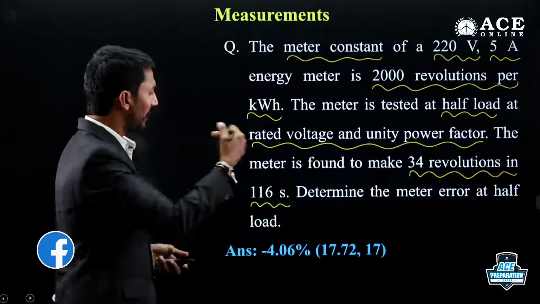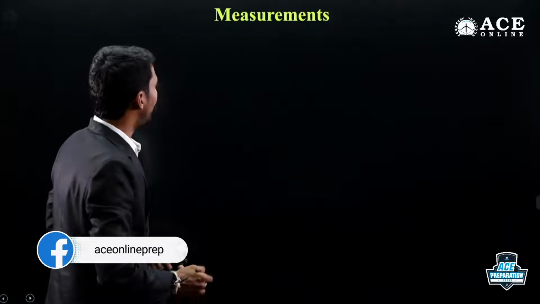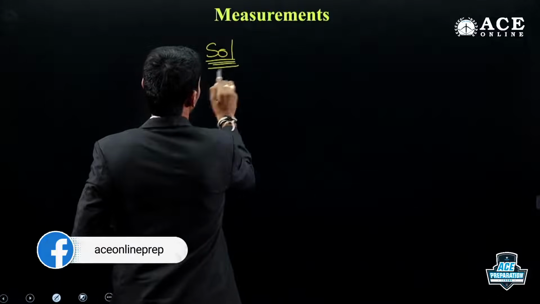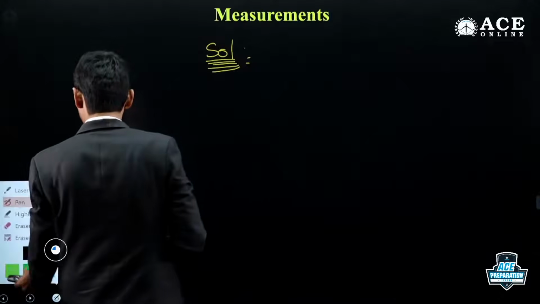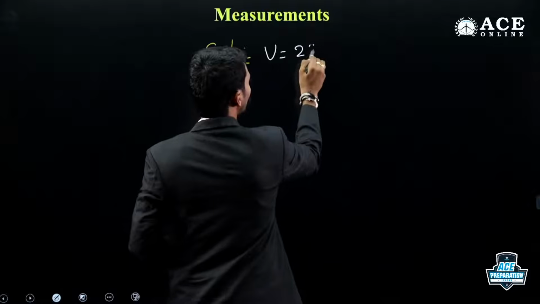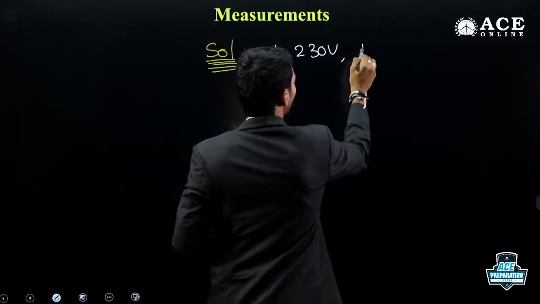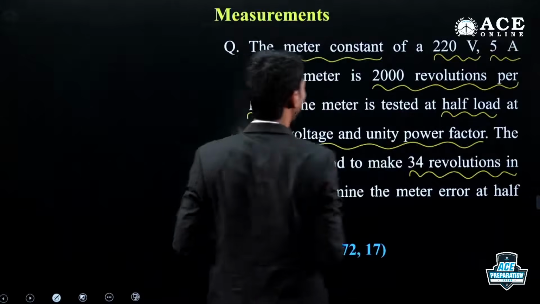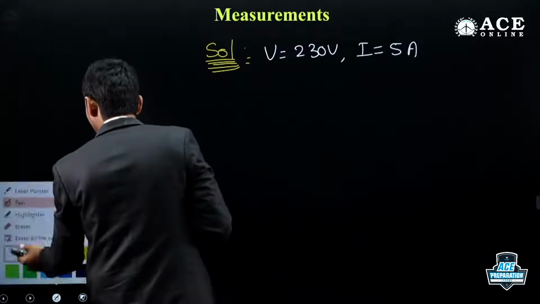Okay, what is the given data? Let us write first. The given data: voltage is 220 volt, current is 5 amperes.